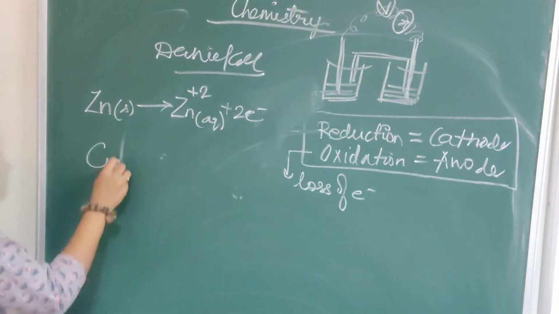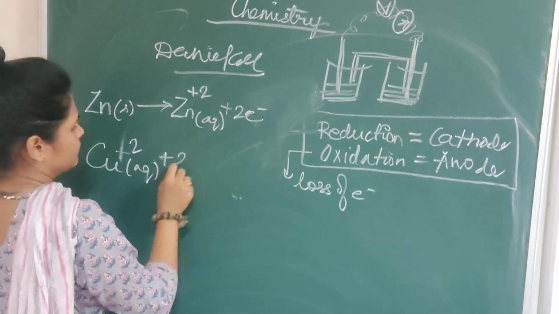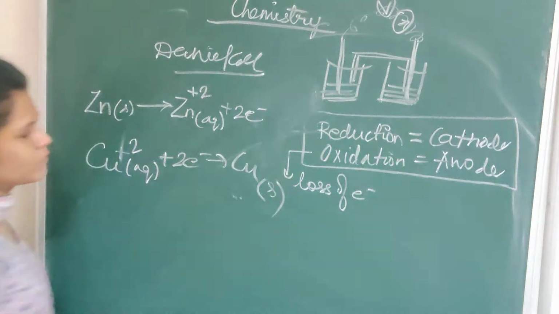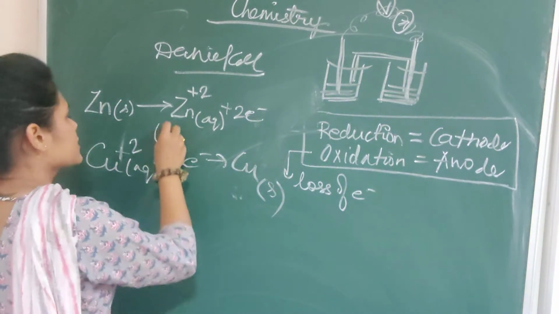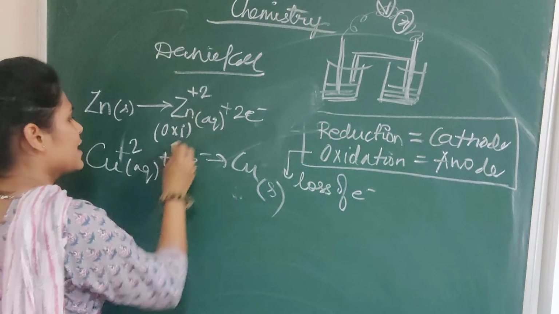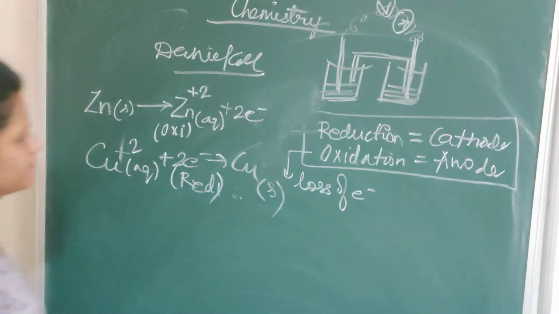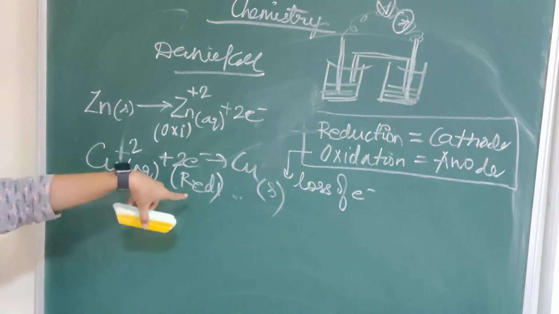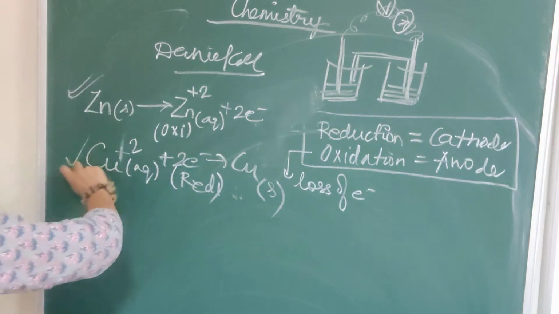This was the reaction of Daniell cell. Here oxidation is taking place and here reduction is taking place. Oxidation, loss of electron; reduction, addition of the electron. So these two equations are taking place here.